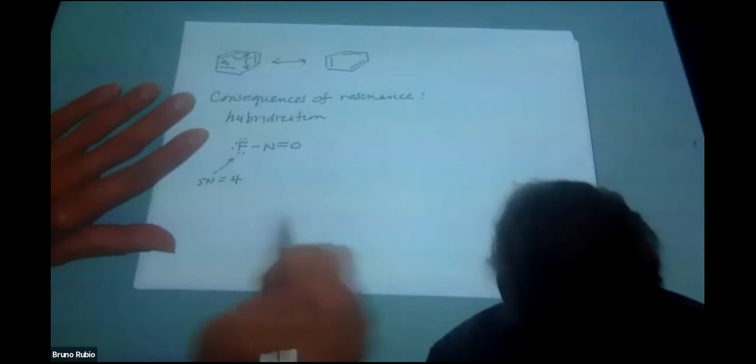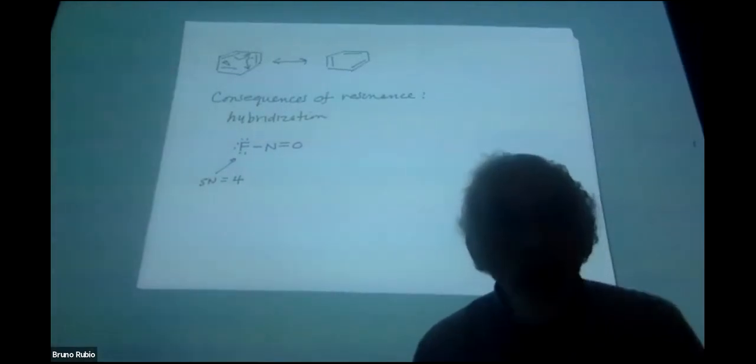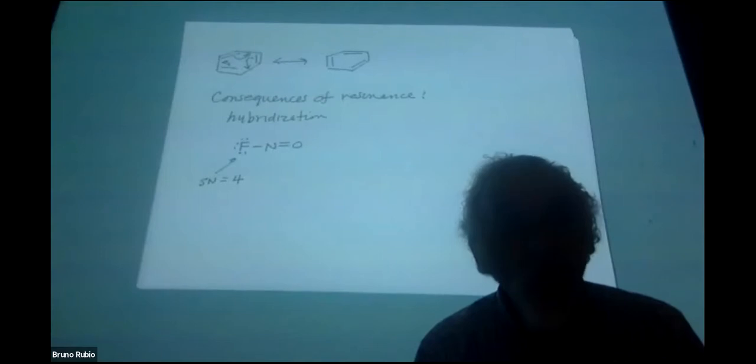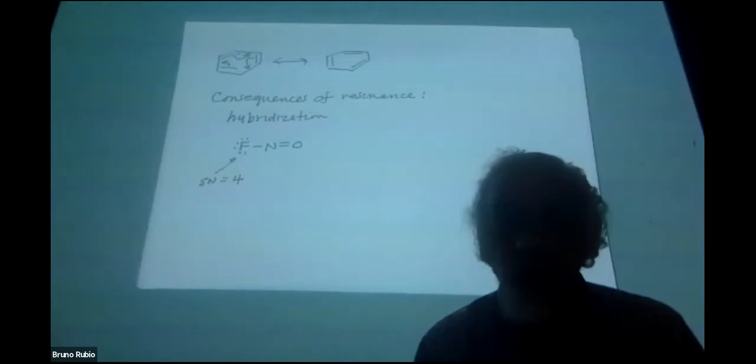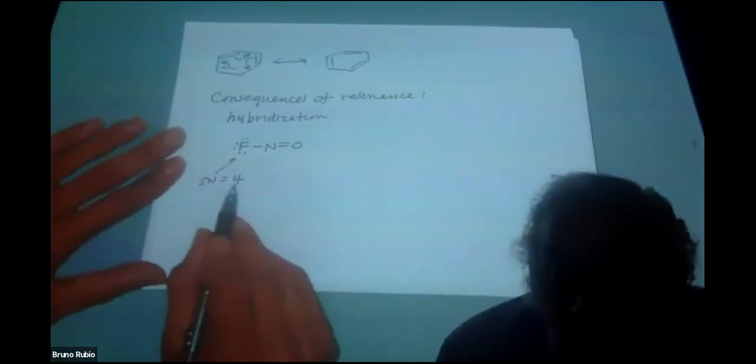And our rule for predicting hybridization is that it's steric number minus 1, unless the atom has an unshared pair of electrons that can be moved around in resonance. And in that case, the hybridization state is going to be steric number minus 2.